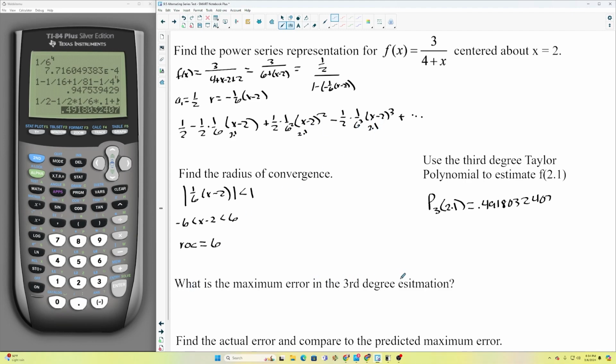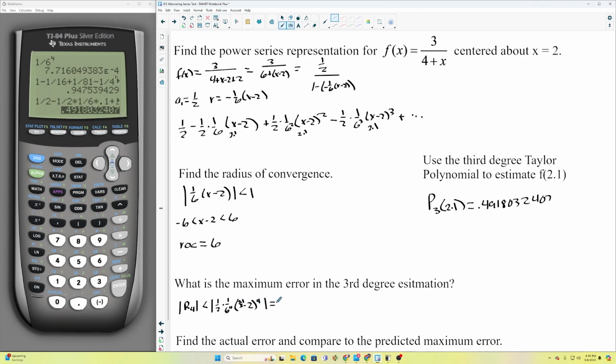What's the maximum error in the third degree estimation? So the absolute value of r sub 4 is less than the absolute value of 1/2 times 1 over 6 to the fourth, (2.1 minus 2) to the fourth.